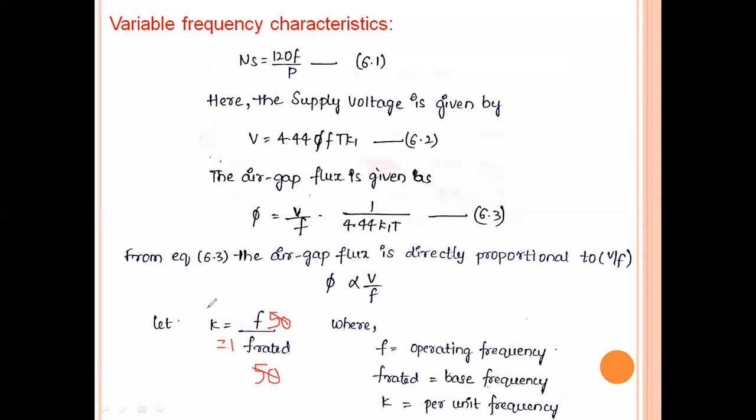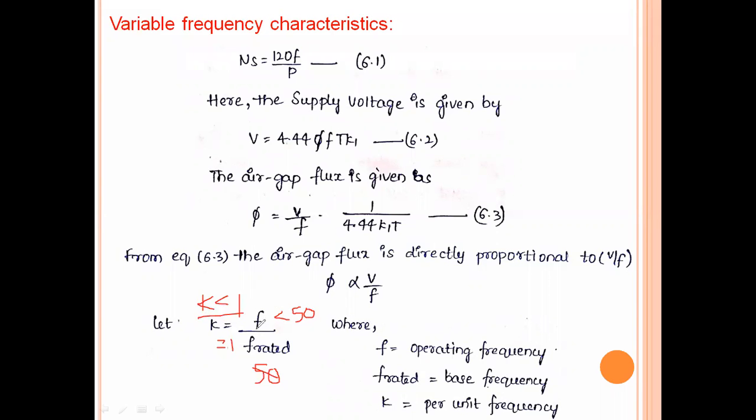K less than 1 means the operating frequency of the machine must be less than the rated value, which means the frequency must be less than 50 hertz. Then we get the K less than 1 condition.